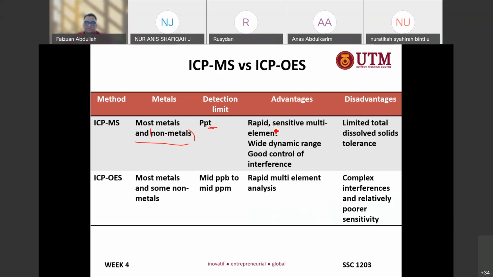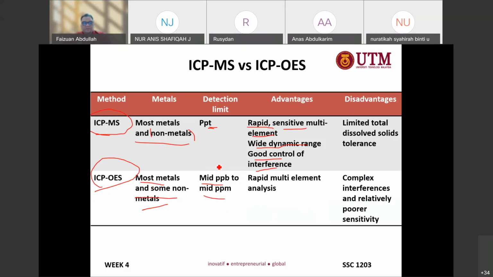Advantages: rapid, fast, sensitive, multi-element, wide dynamic range, good control of interference, and the disadvantage is limited total dissolved solid tolerance. And then for ICPOES, most metals and some non-metals. In terms of price, of course, ICPMS is much more expensive than ICPOES. The limit is to ppm.